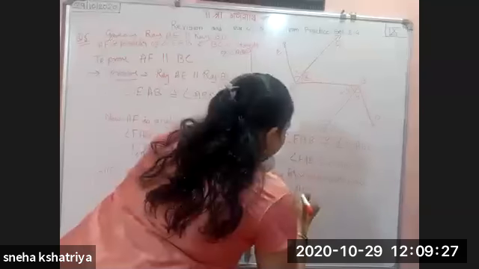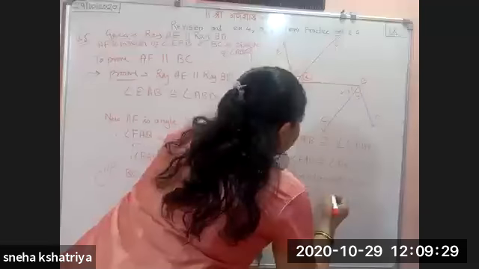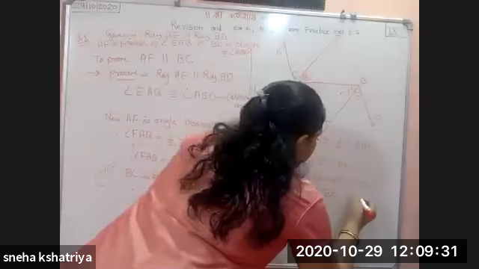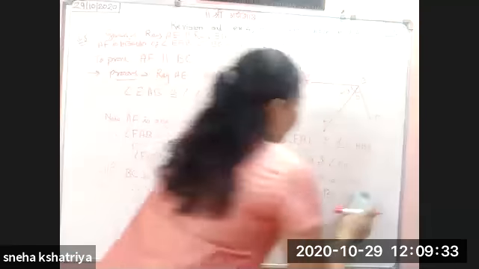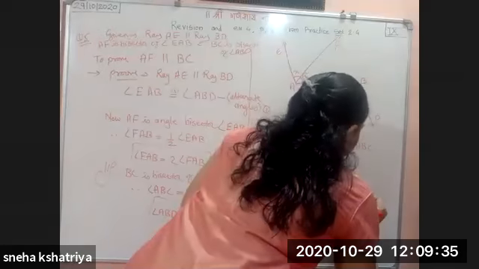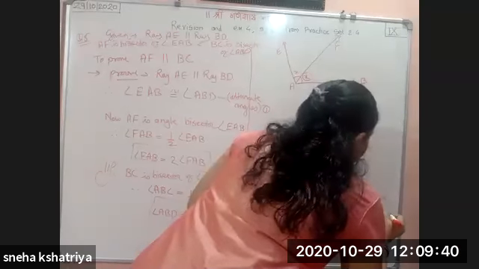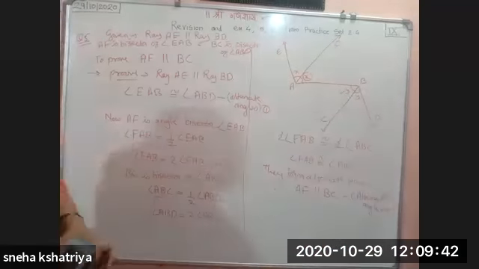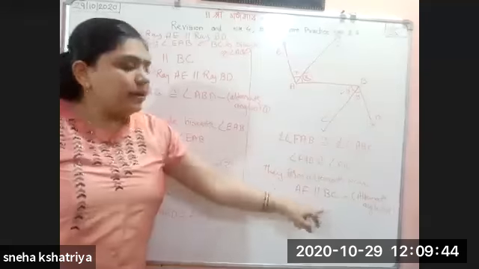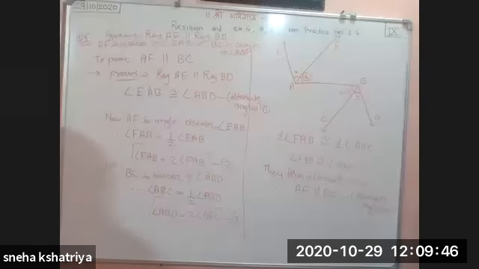To prove AF parallel to BC, we use the alternate angle test. According to that test, these two lines become parallel.